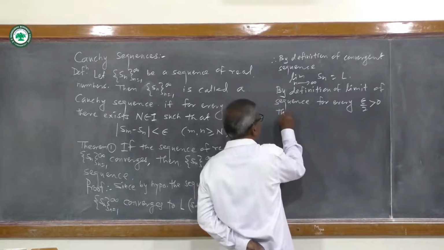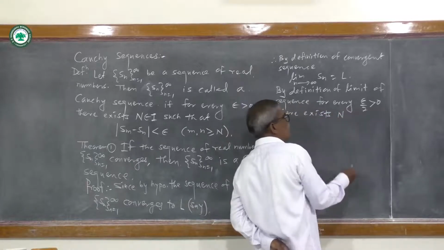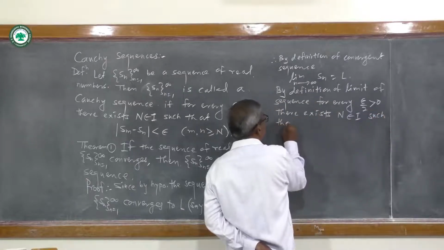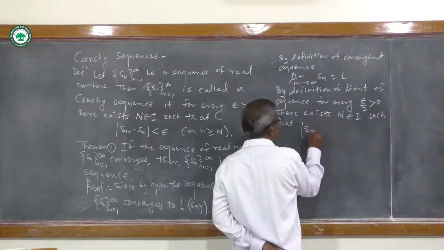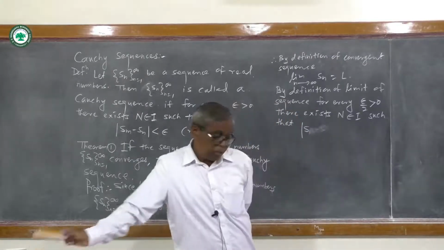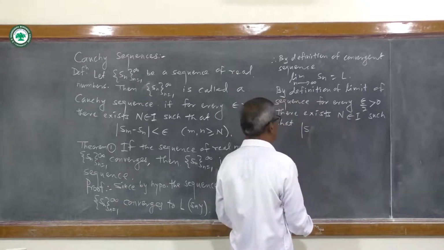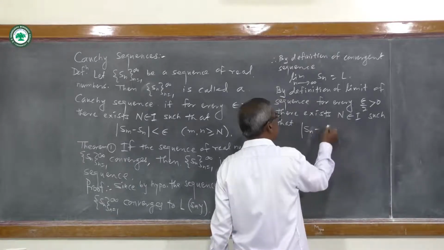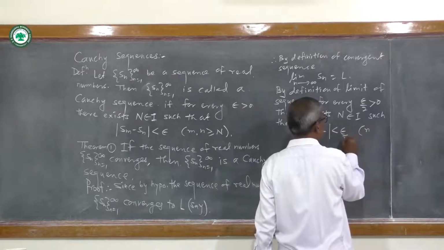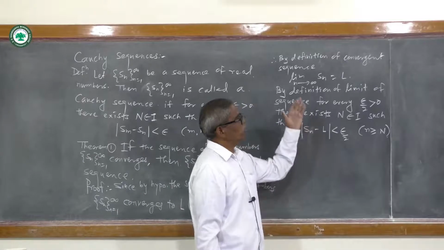There exists a positive integer capital N such that modulus of S suffix n minus L is less than epsilon by 2, less than epsilon, for all small n greater than or equal to capital N.